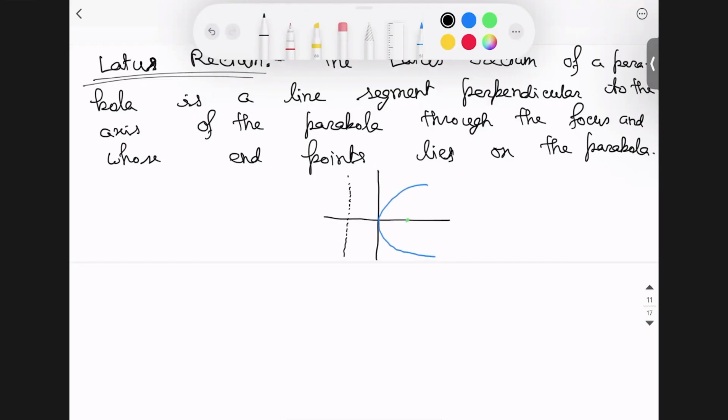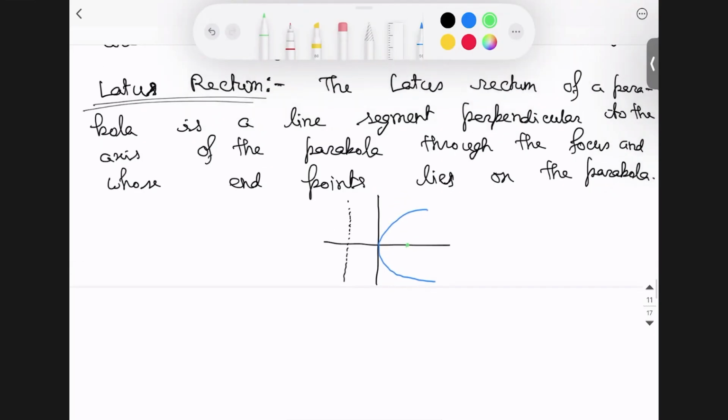Now the latus rectum is denoted by a line segment that passes through the focus and is perpendicular to the axis. That means it will be parallel to the directrix, and it will obviously intersect the parabola.